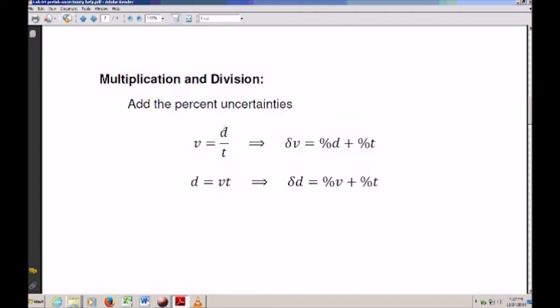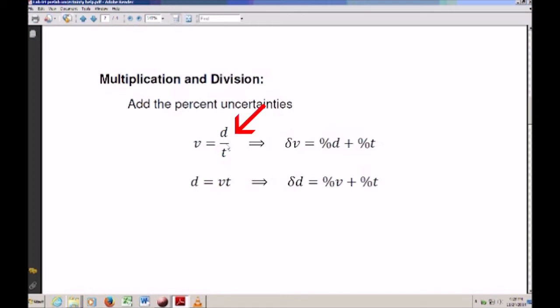So say, for example, you've measured a distance, and you've measured a time, and you need to calculate the velocity. You can do that directly, but if d and t both had uncertainties, then v also must have uncertainties, and that's something you need to calculate. So the rule for multiplication and division is always the same. It's that you're going to add up the percent uncertainties.